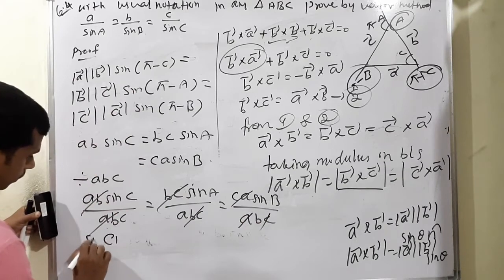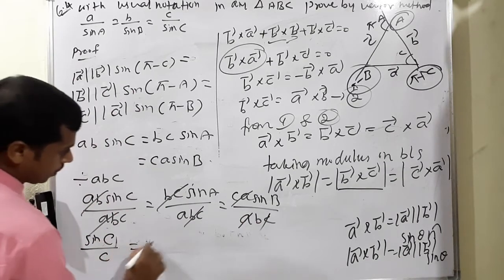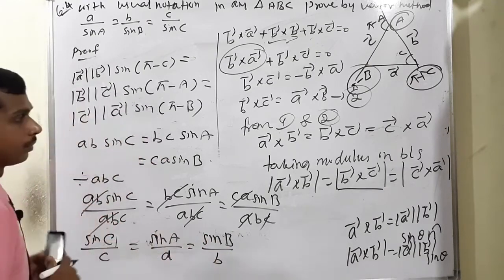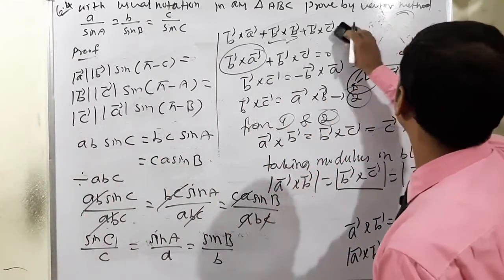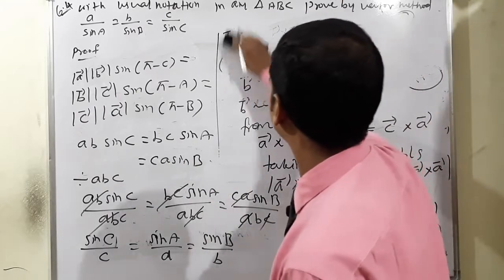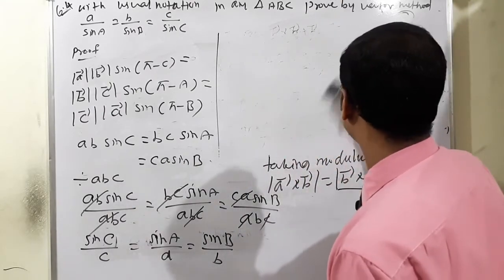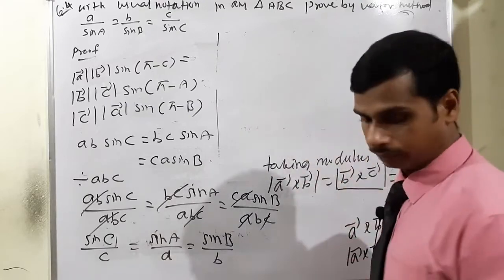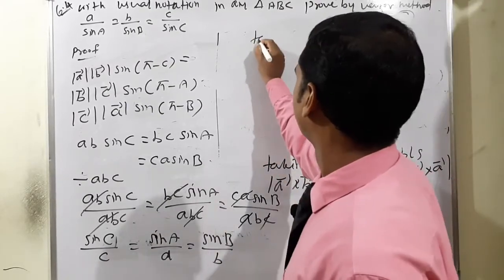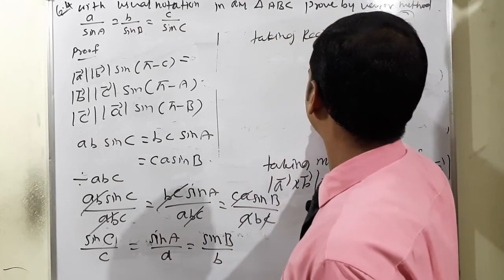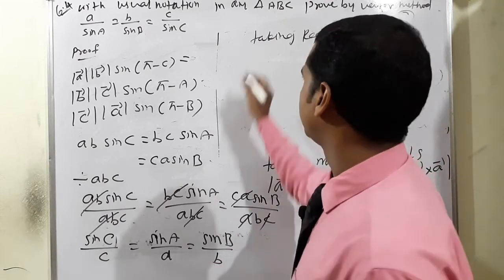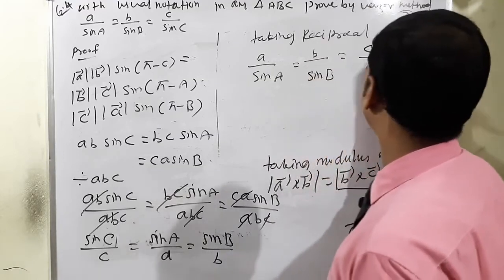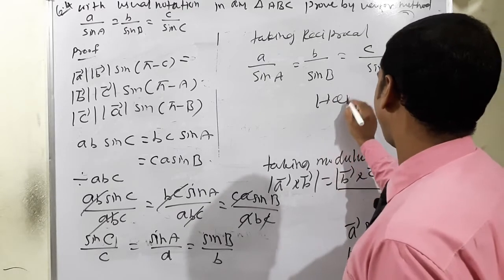Therefore, sin C divided by C is equal to sin A divided by A is equal to sin B divided by B. So, taking reciprocal, order-wise, A by sin A is equal to B by sin B is equal to C by sin C.